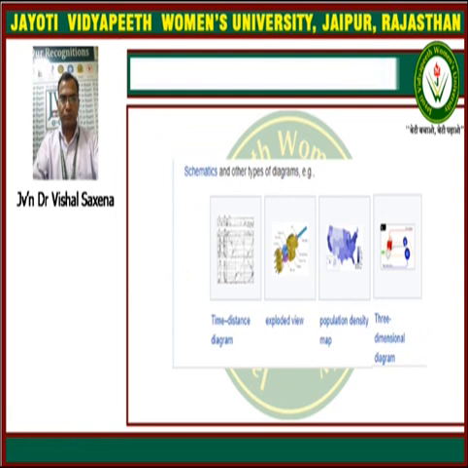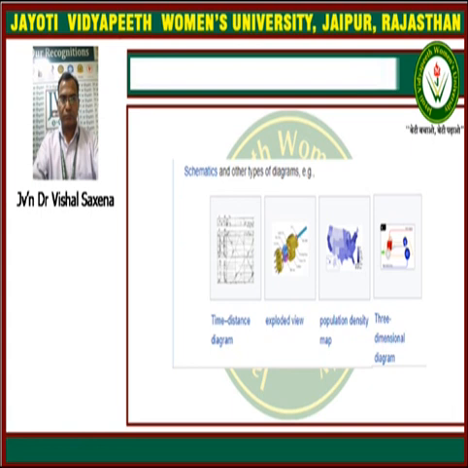And lastly we will take schematic diagrams. A schematic diagram shows the information in a model form or schematic form, like a time distance diagram and an exploded view. The exploded view is a very important part because it shows the whole assembly of the various parts of an object.